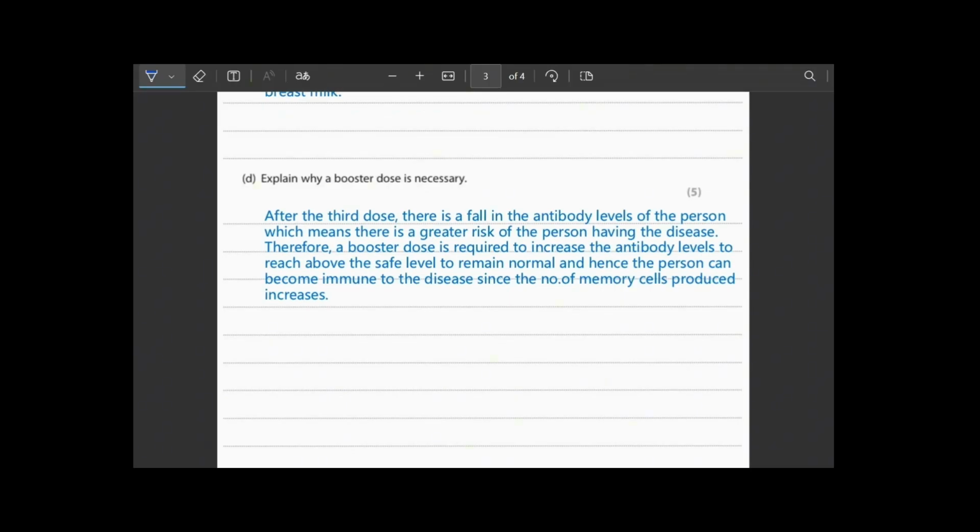Hence, a booster dose is required to increase the antibody levels to reach above the safe level to remain normal, and hence the person can become immune to the disease since the number of memory cells produced increases.